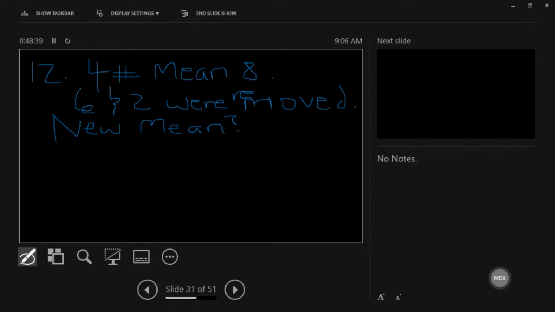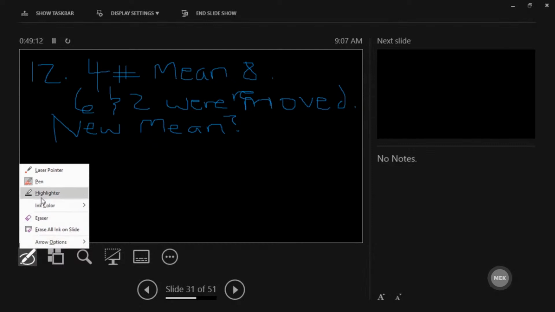So this is the second to last question. So let me hear what you're saying here now. So it's 4 numbers, and the mean of those 4 numbers is 8. Number 6 and number 2 were removed. So what is the new mean? All right, so it's 4 numbers and the mean is 8.